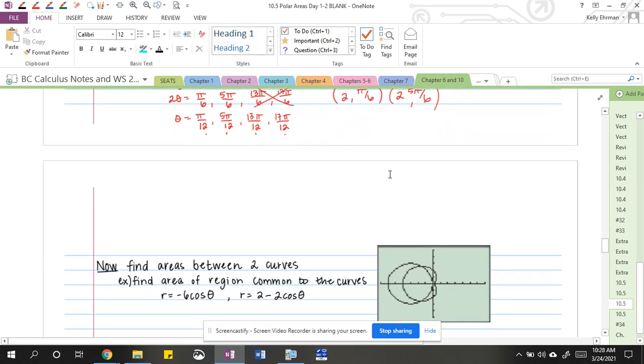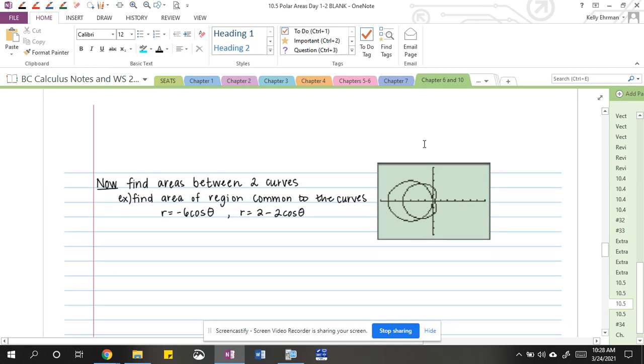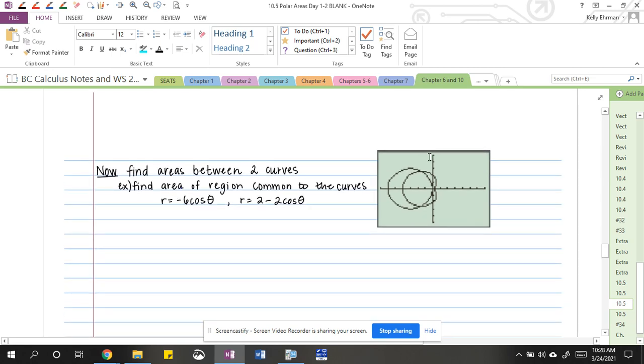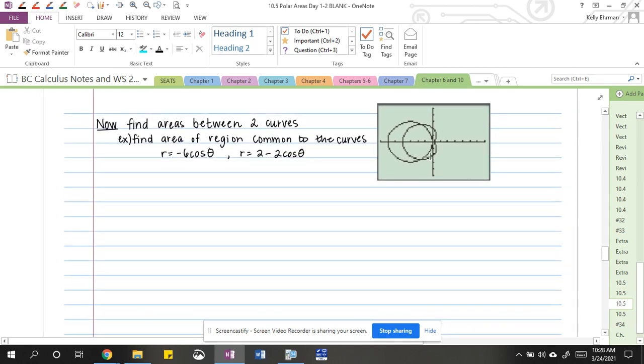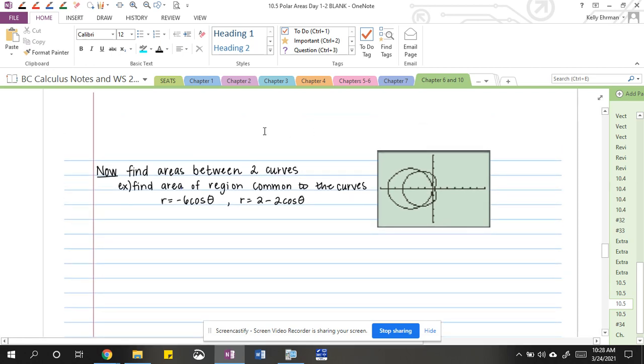All right, so armed with that information, we can look at the area between 2 curves. So I need to figure out where these 2 curves intersect and which curve is which. So I think I mentioned this in a previous day of notes. If you just have r equals sine theta or r equals cosine theta, that is a circle on one side of like an axis or another.